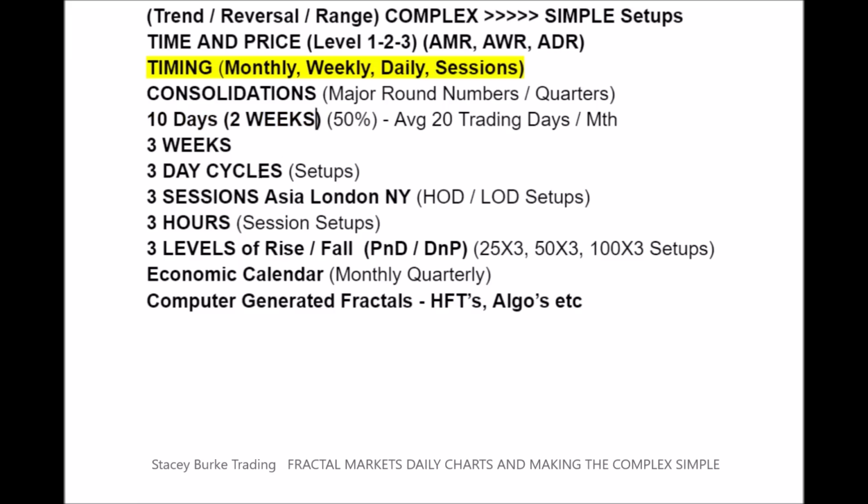So, for example, the average trading month has 20 trading days. We're in June right now. It has 22 days. 10 days in a normal situation, 11 this month, is 50% of the time in that month.